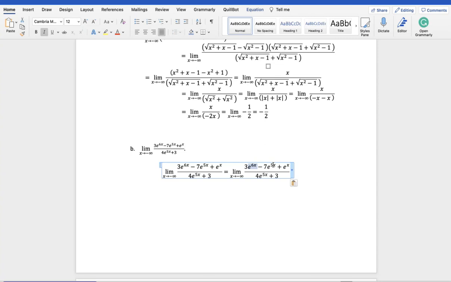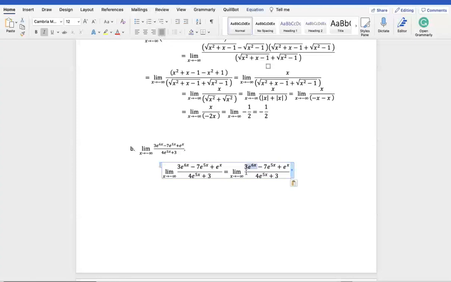So you can reasonably assume that you can only consider the term with the highest exponent in x. That's in the case where x is tending to positive infinity.